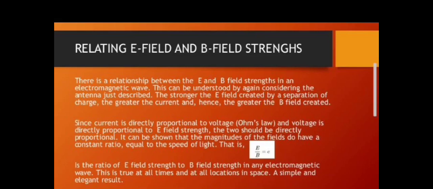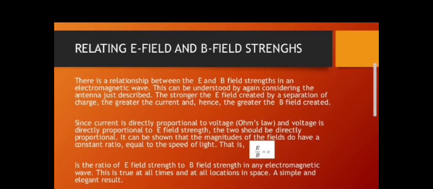This relationship can be understood by considering the behavior of an antenna. A stronger electric field caused by a separation of charge leads to a greater current, which in turn produces a stronger magnetic field. Since current is directly proportional to voltage, or Ohm's law, and voltage is directly proportional to the electric field strength, the electric and magnetic fields in an electromagnetic wave are proportional to each other.